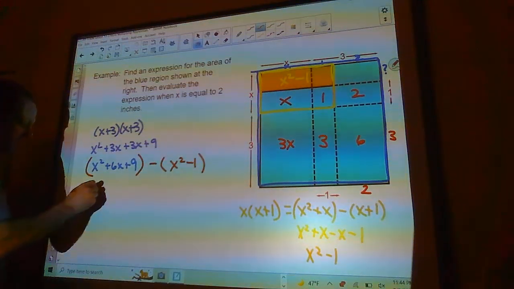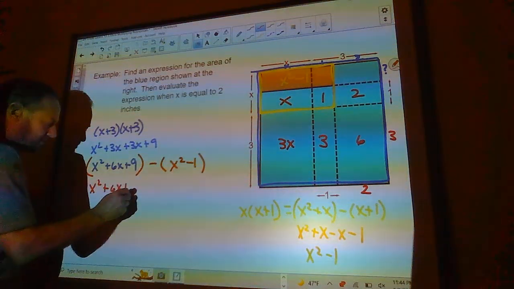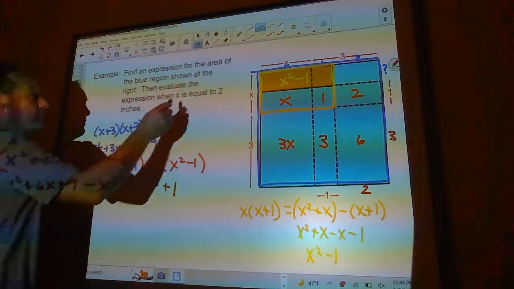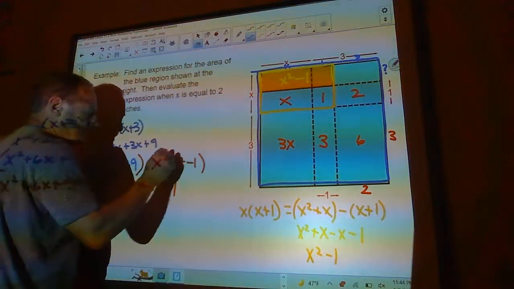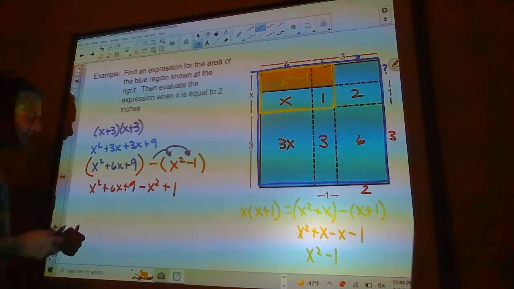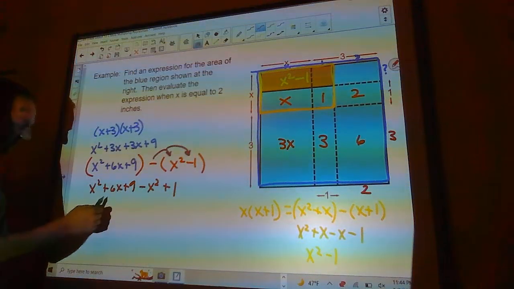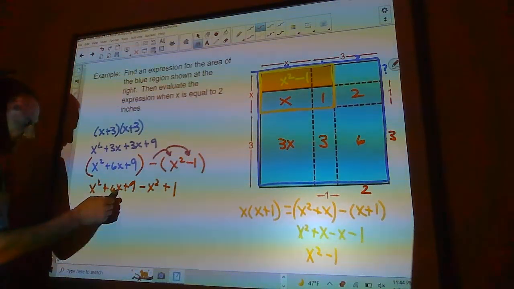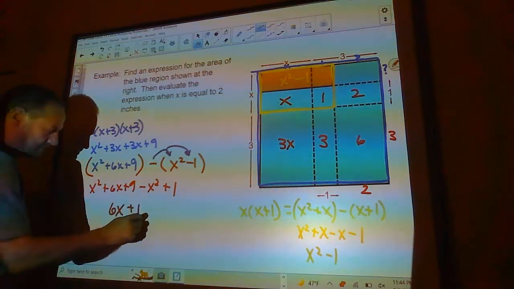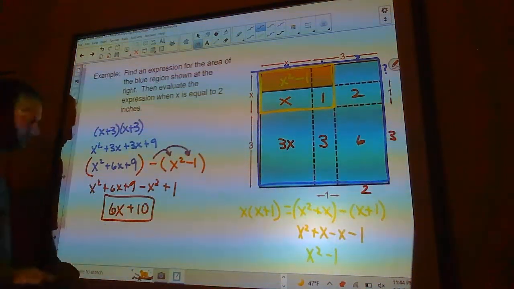And so this is x squared plus 6x plus 9 minus x squared plus 1, when I distribute this in here. Okay. And then x squared minus x squared is 0, 6x, and 9 plus 1 is 10. That's the area of the blue region.